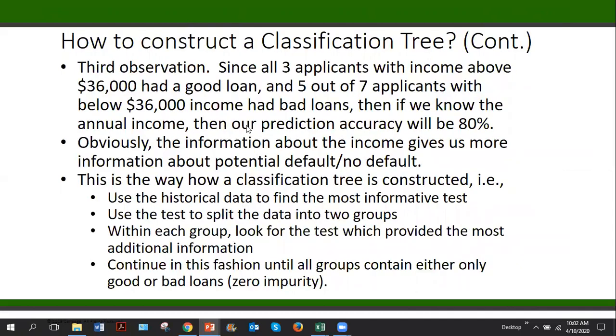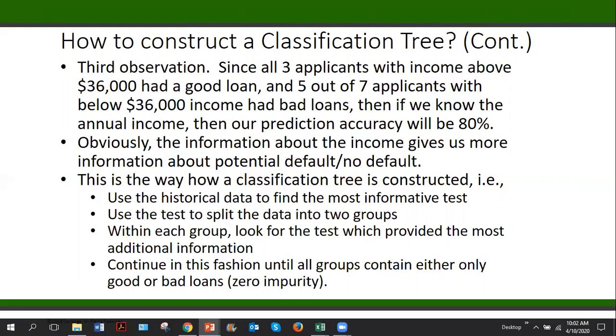Now, the third observation, again if you look carefully at the data in that table, is that those 3 applicants with above 36,000 annual income had a good loan, so they didn't default. And 5 out of 7 applicants with below 36,000 had bad loans.